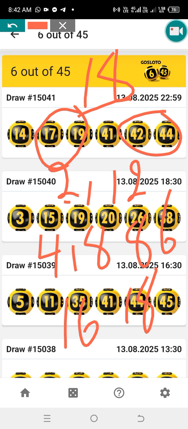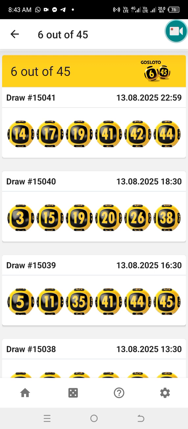Yes, it's also very necessary. So we're having 2, 4, 8, 18, 12, and these two can be 20. Then we have 18 and 16. We have also 34, 43. I don't remember, but those are the numbers for this Goslotto.